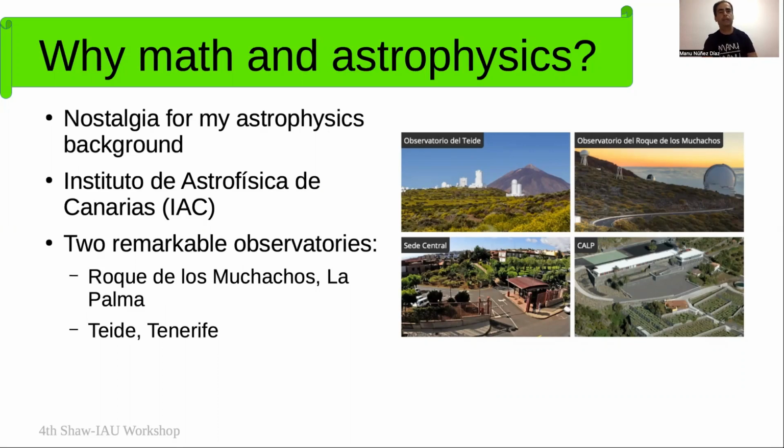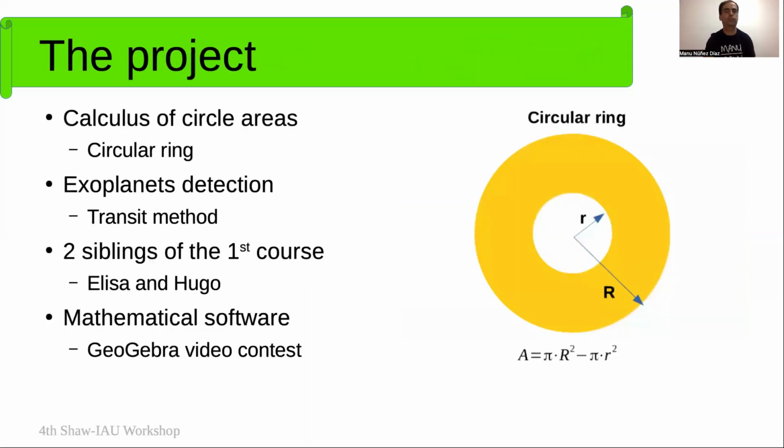When I became a math teacher, I always kept in mind to do someday an educational project that joins both professional worlds, mathematics and astrophysics. That took place two years ago when I was explaining to my 12-year-old students how to calculate areas of circles and circular rings.